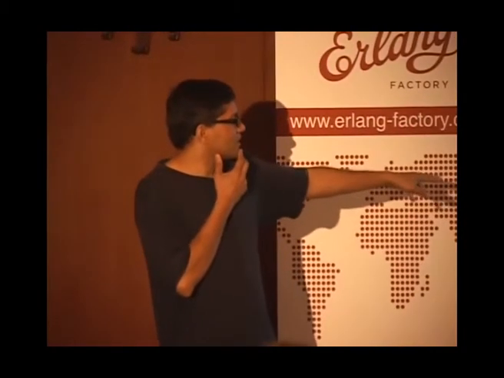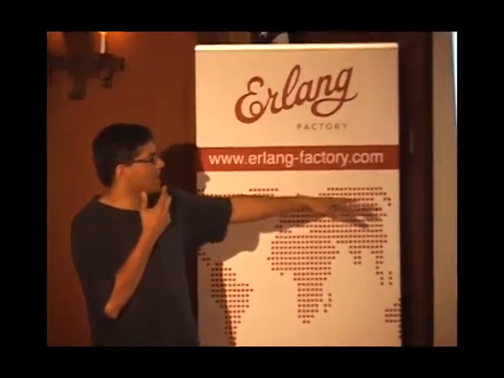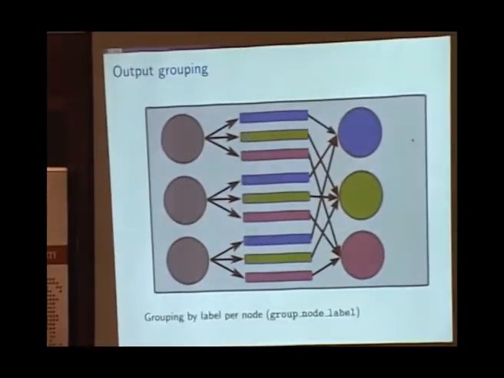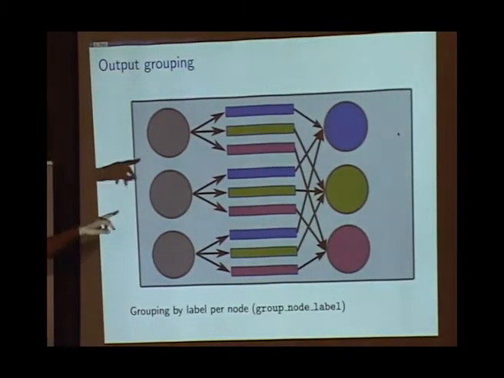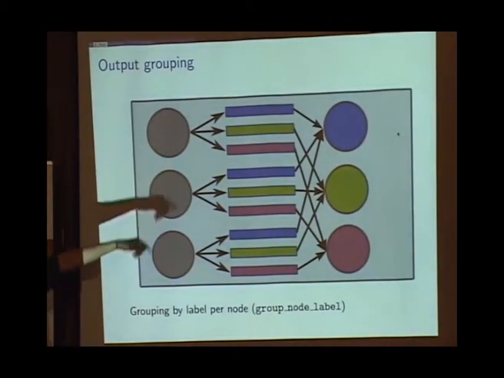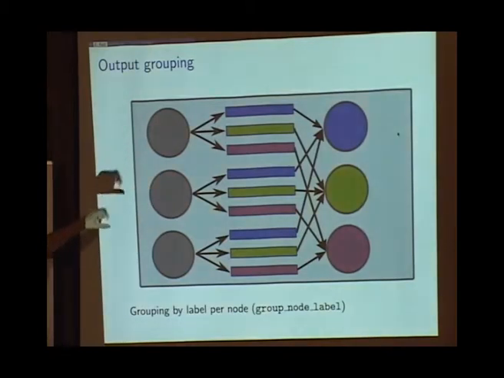Here there's a grouping by label. The color is the label here in the context of a single node. Each colored task is grouping all the outputs by the label of that output in the context of a single node. You could call it a group by label per node. That's one possible grouping you could do.